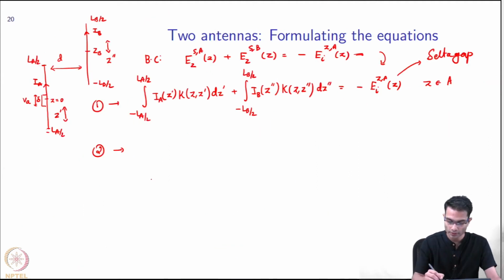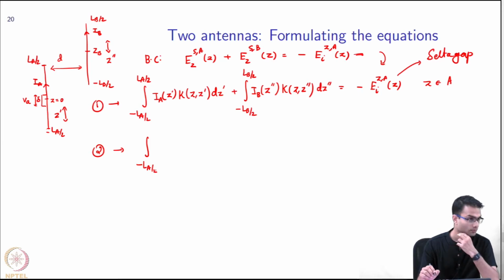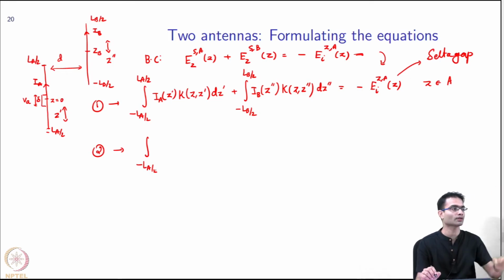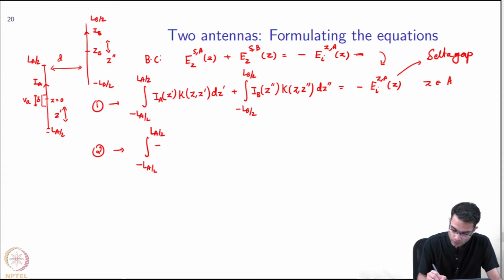So this is going to be limits of integration minus LA by 2, falling on B, that's all right. So my Z is going to be on B, but Z prime has to go over whichever current is radiating. So this is going to be LA by 2, IA Z prime, KZZ prime, DZ prime.